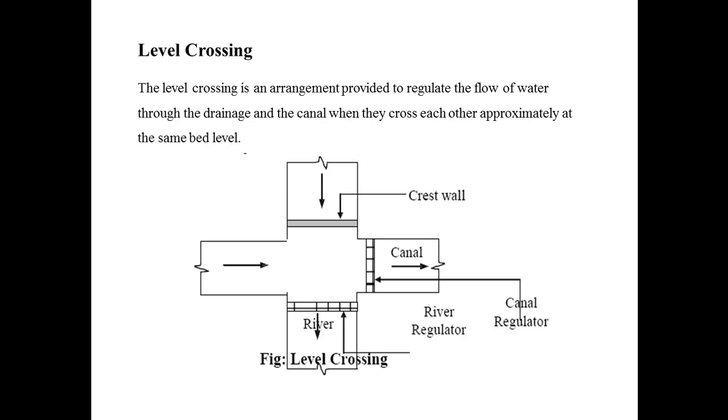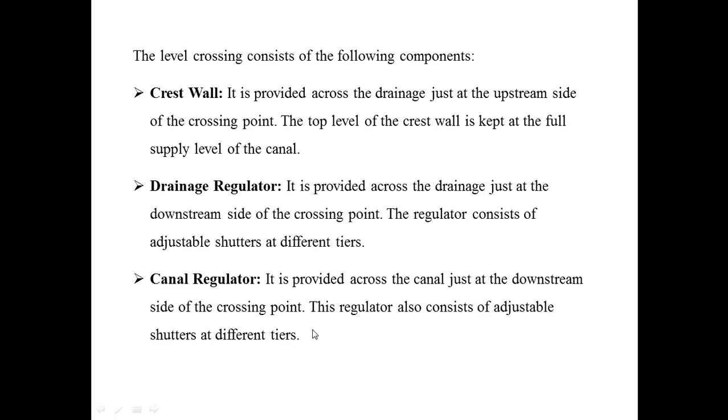In this case, we have a crest wall constructed on the upstream side. Also, we have a canal regulator on the downstream side of the canal and a river regulator on the downstream side of the river. The level crossing consists of the following components.